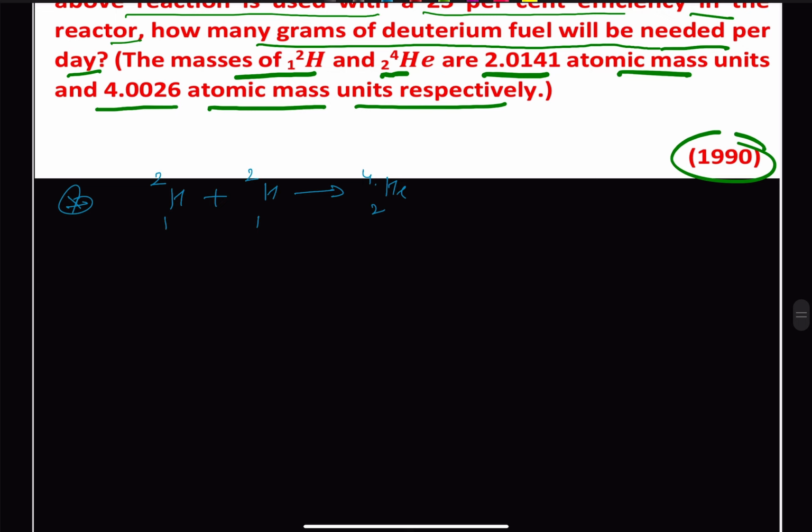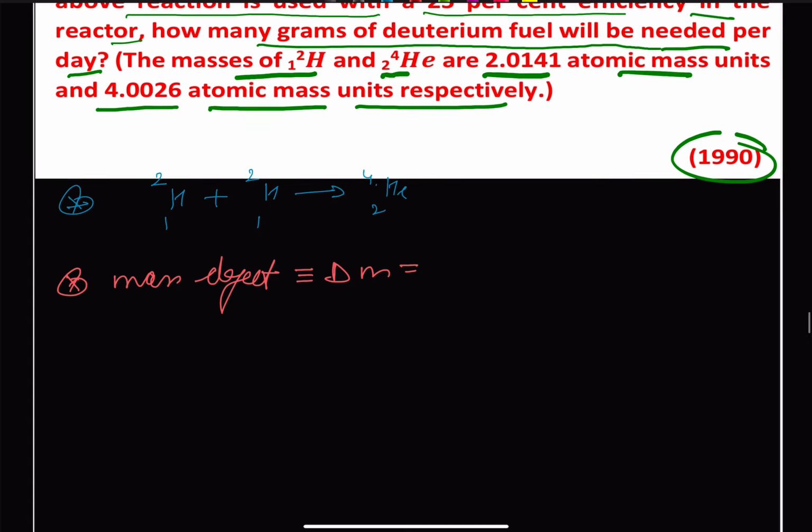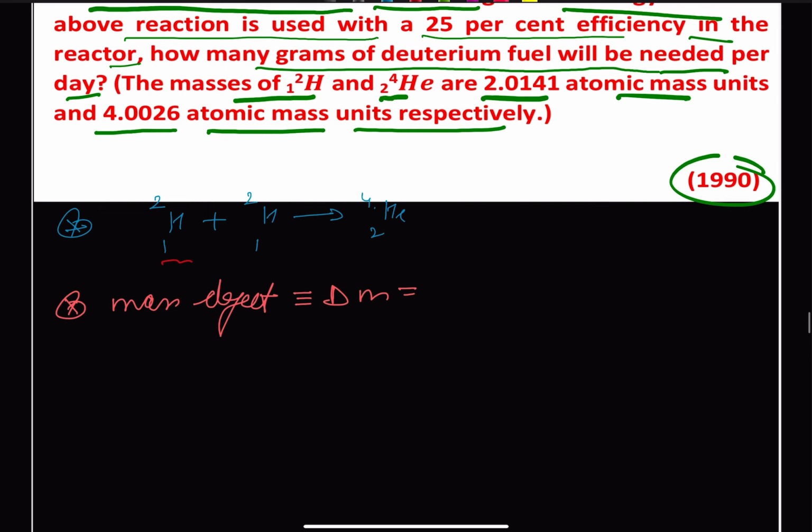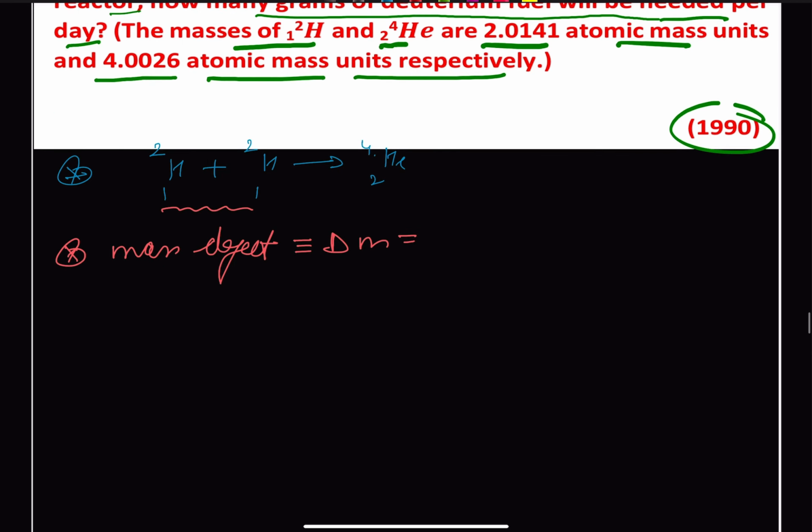So we can say that the mass defect, that is our delta M, will be equal to, on the left side we are having the same, so we can just multiply it by 2.